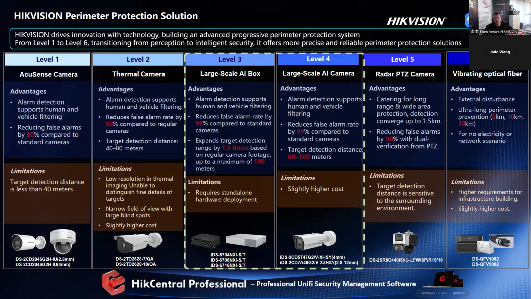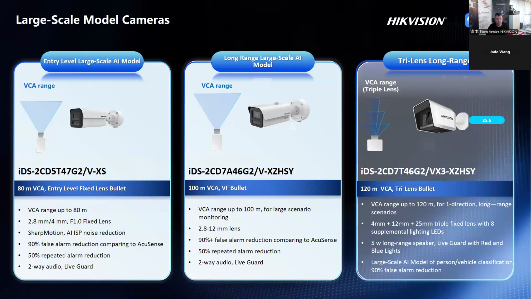So getting into the large scale camera side, let's get into those models. Starting off, please take note of this, with our 5 series. I want you guys to hear me out here. The VCA on this, compared to what we've had in the past, is up to 80 meters. Boom!